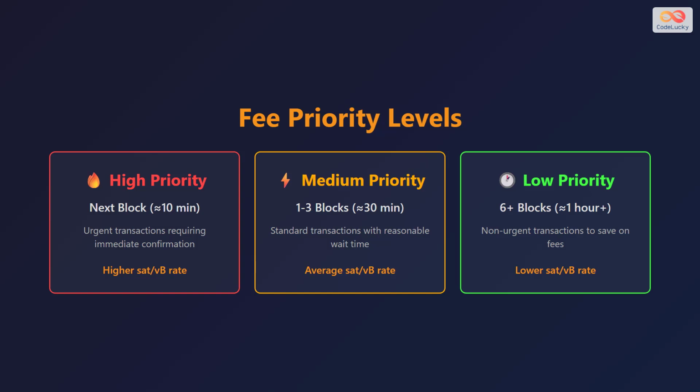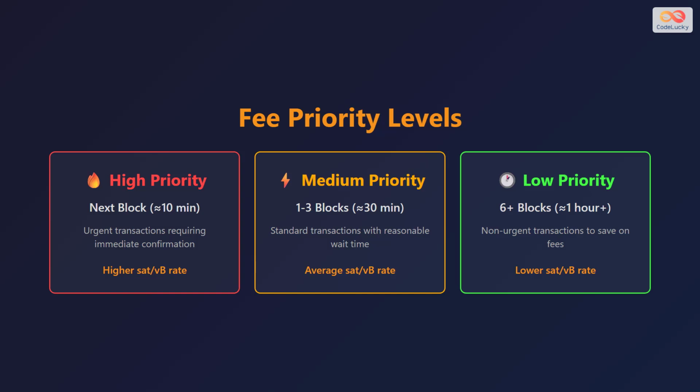Bitcoin transactions typically fall into 3 priority levels. High-priority transactions aim for confirmation in the next block, which takes approximately 10 minutes. These are urgent transactions requiring immediate confirmation, and they pay a higher satoshi per virtual byte rate. Medium priority transactions target confirmation within 1 to 3 blocks, or about 30 minutes.